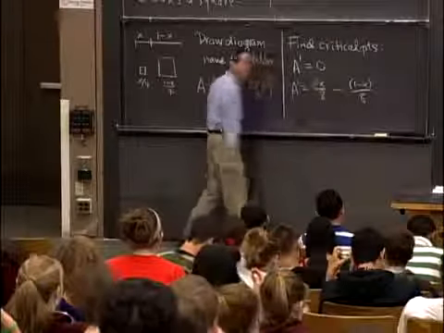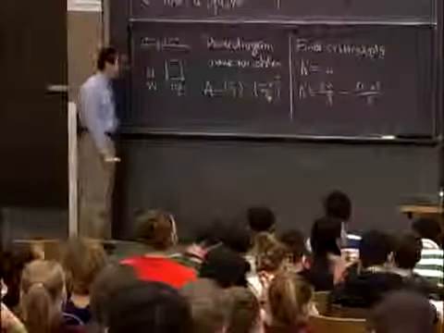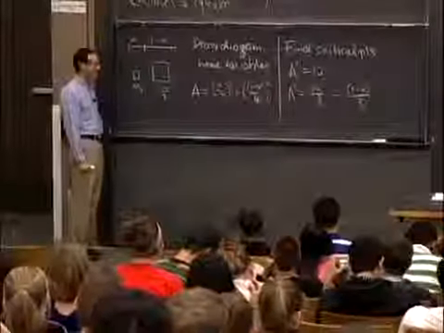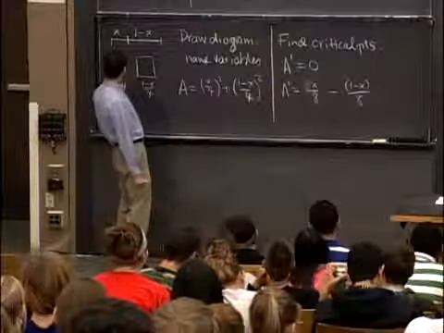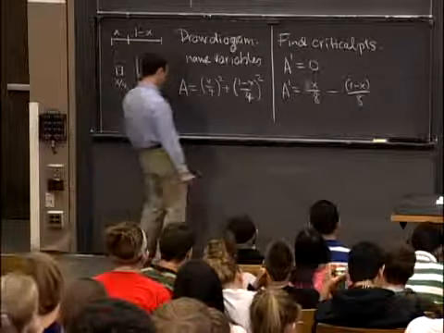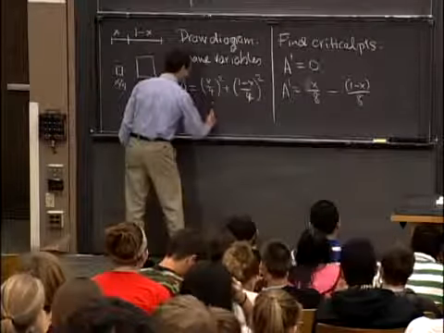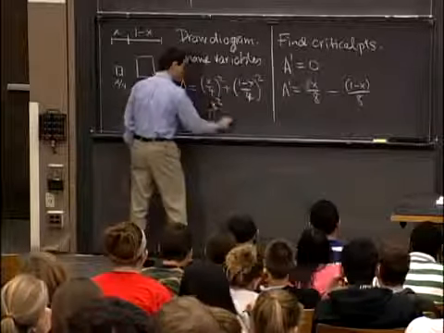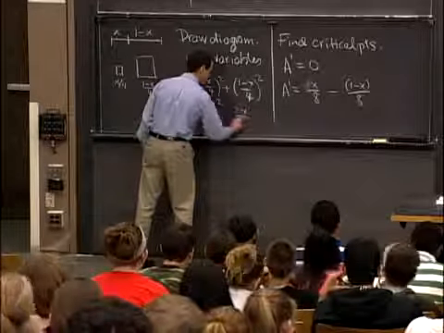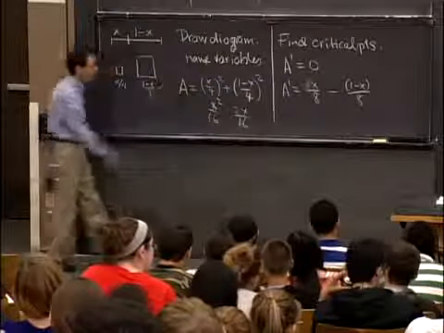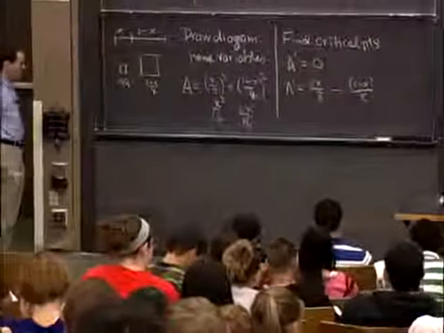So here's the derivative. There's a 1/16 here. This is x squared over 16. And so it's 2x over 16, which has an 8. Okay. So it's okay.